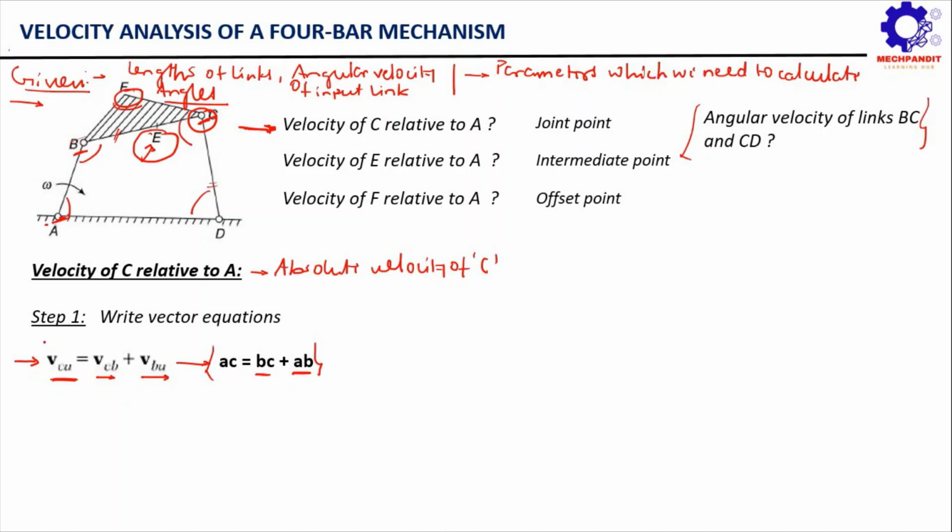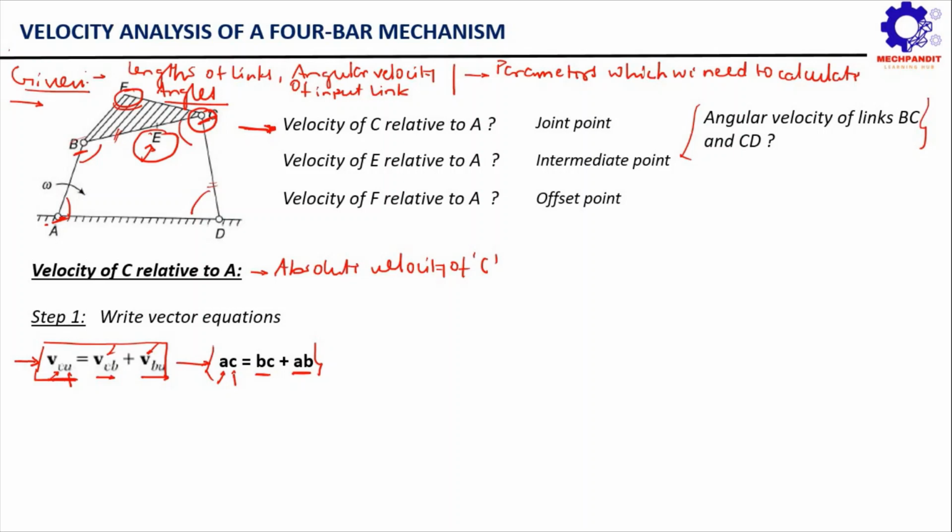When you write this in the velocity vector format, the letter C comes before A. But if you write this in the vector diagram format, the letter A comes before the letter C. The same applies to VCB vector and VBA vector. This will become clearer when we start drawing the vector diagram.